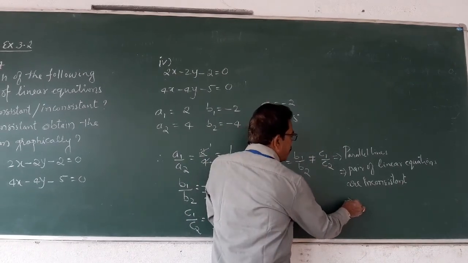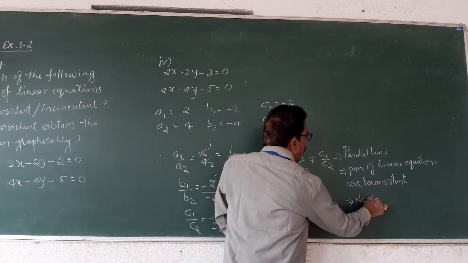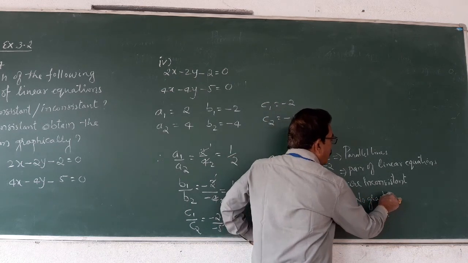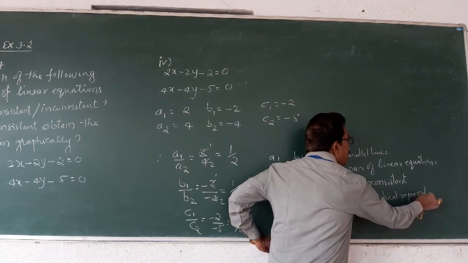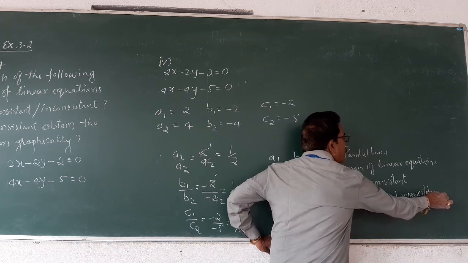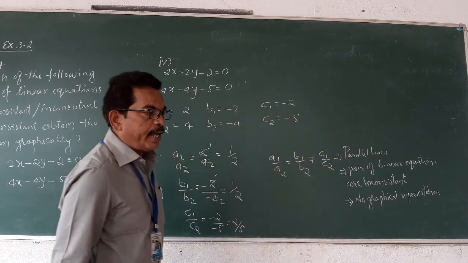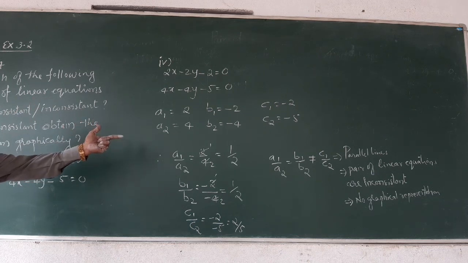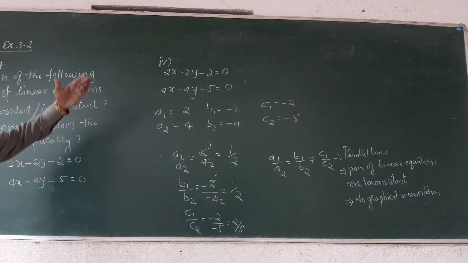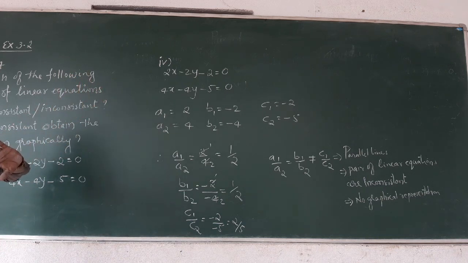So no graphical representation, according to the question what they have given. If consistent, we have to graph. If not, it is not necessary to draw the graph. So this one, the fourth main, not necessary to draw the graph, because the pair of lines whatever they have given us are inconsistent.